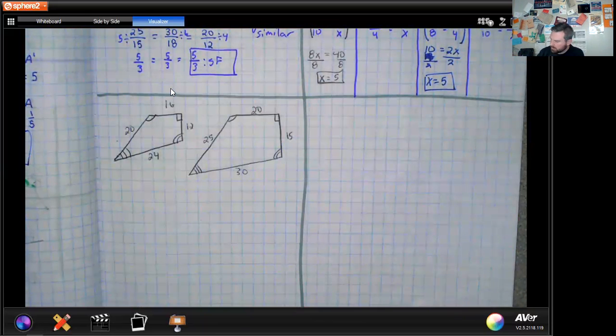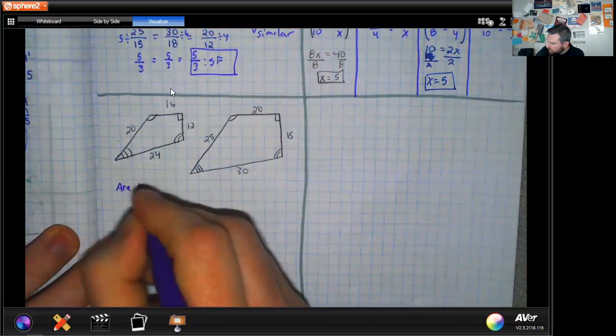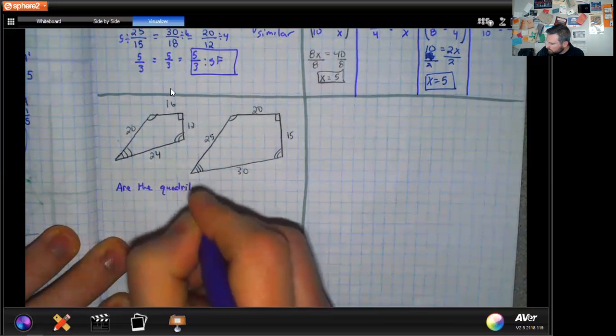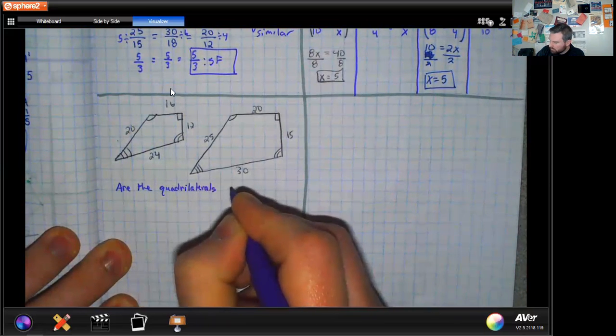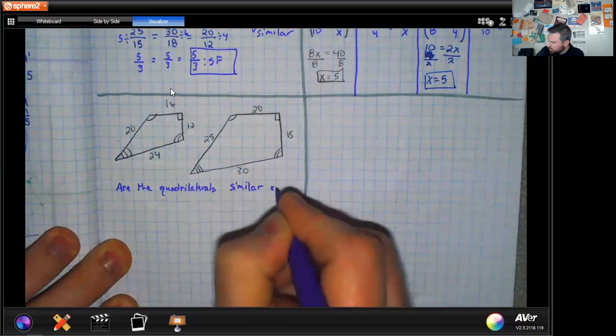And the question is, are the quadrilaterals similar or congruent?